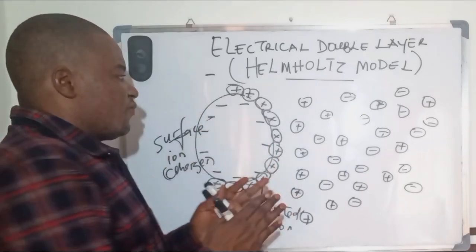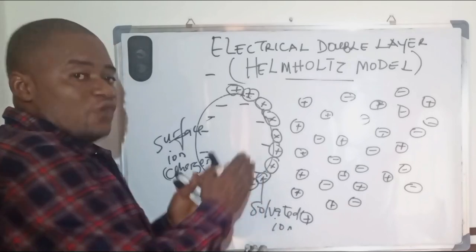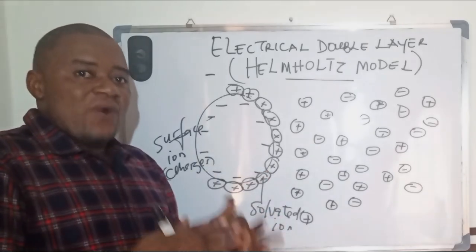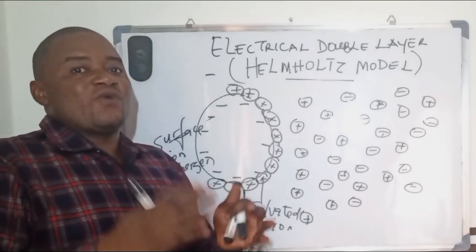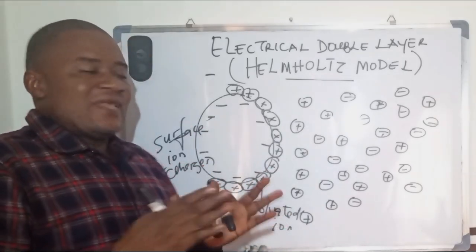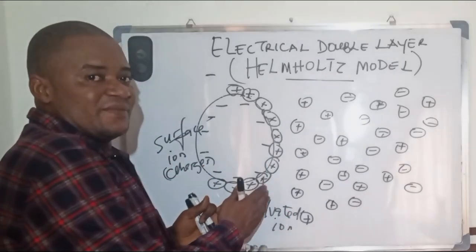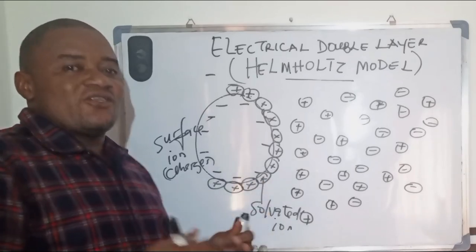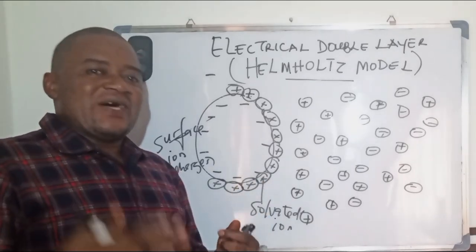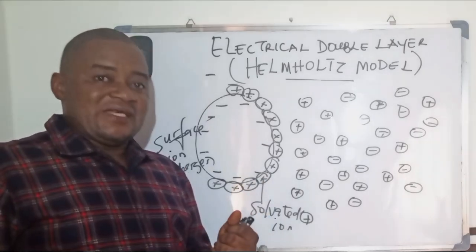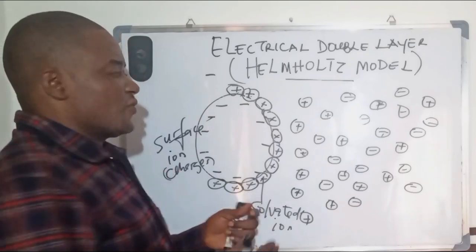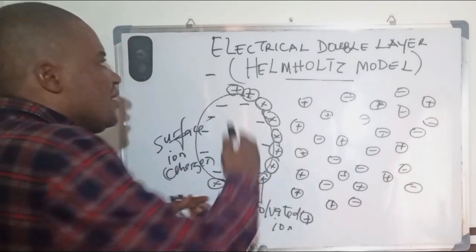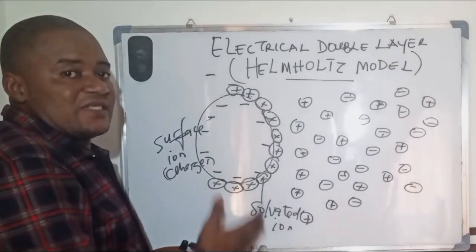Why is that? Because of the presence of the double layer. And like I had said, why blood will not coagulate in your body is because of the presence of the double layer. And why milk will not convert itself from fats into butter, where that homogeneity remains, is because of the double layer that is established. So Helmholtz believes seriously in that.